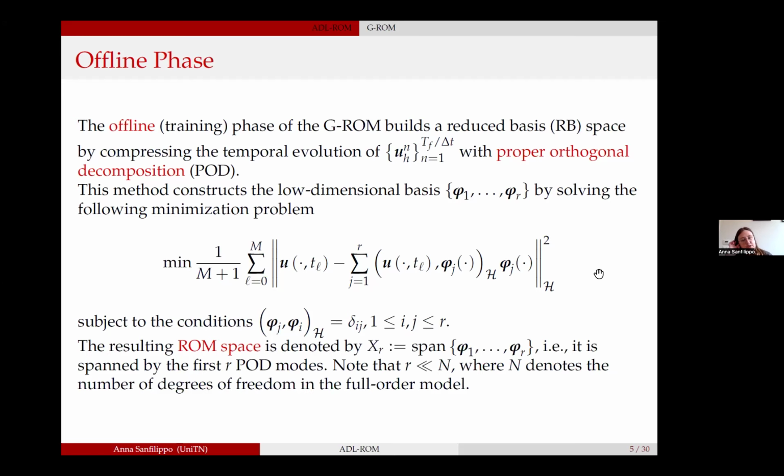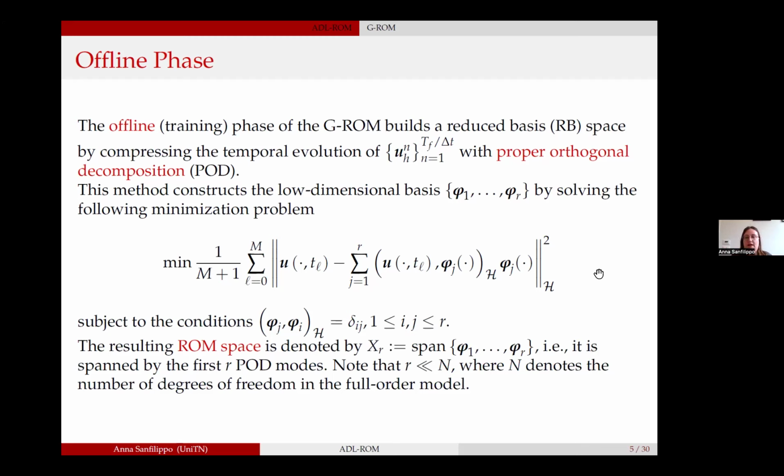And we denote the ROM space or reduced space as XR, and it is basically only the span of the first R POD modes, the solution of this problem. Obviously, R is set by the user.